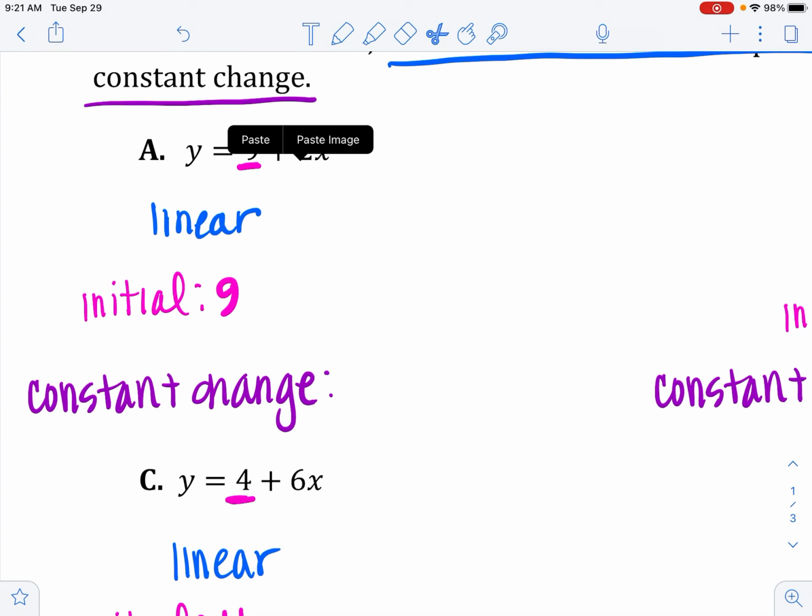So my m value here is 2. I don't just want to put 2. Is it multiplying by 2, adding 2, subtracting 2? The most common mistake people make is that they put multiplying by 2 because it's 2 times x. Remember, for a linear equation, it's always adding or subtracting a number.